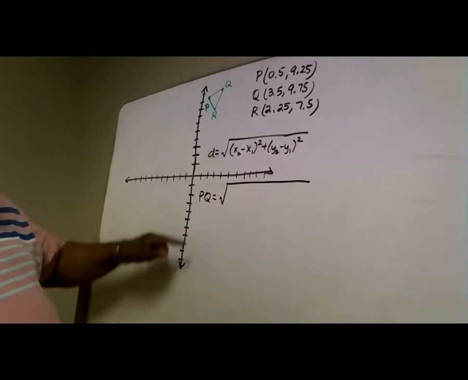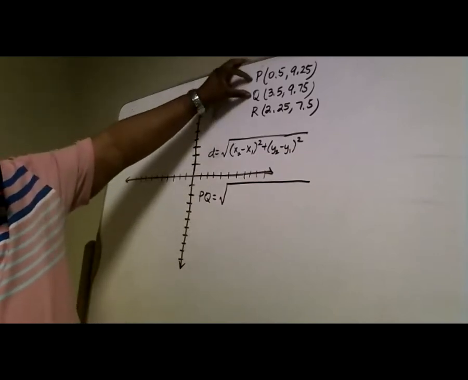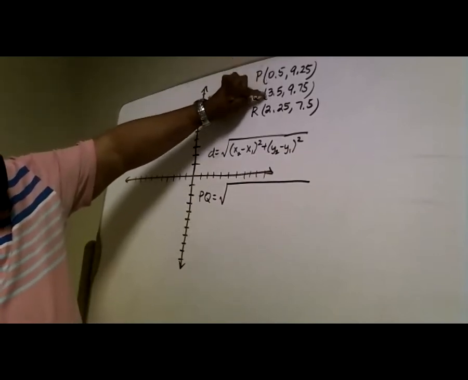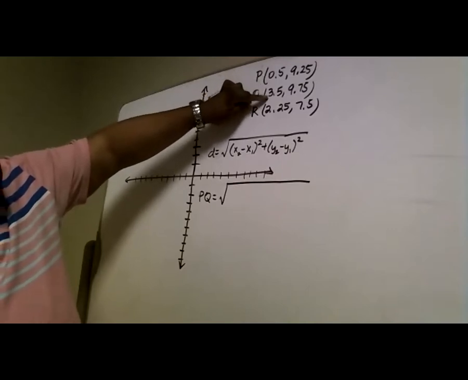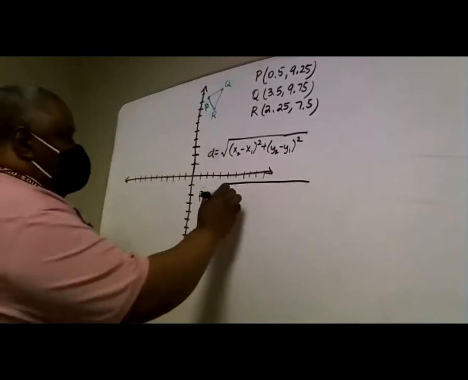For PQ, I'm looking at these two points here. So this will be x2 minus x1, going backwards.